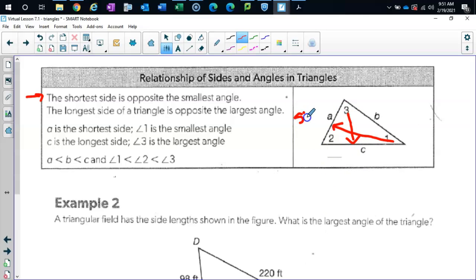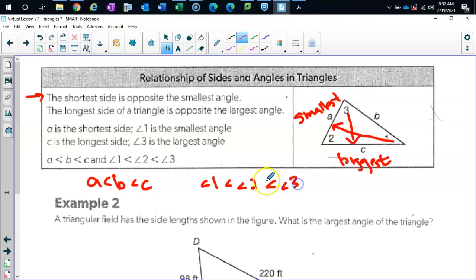So, smallest, biggest. Look how they wrote this. Side A is less, B's the middle one, and that's less than C. Angle 1 is the smallest, then angle 2, then angle 3. We're using less thans, smallest to largest.